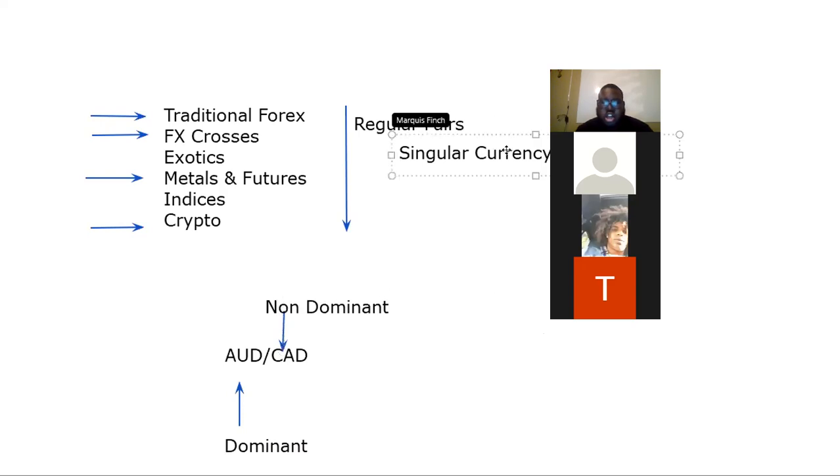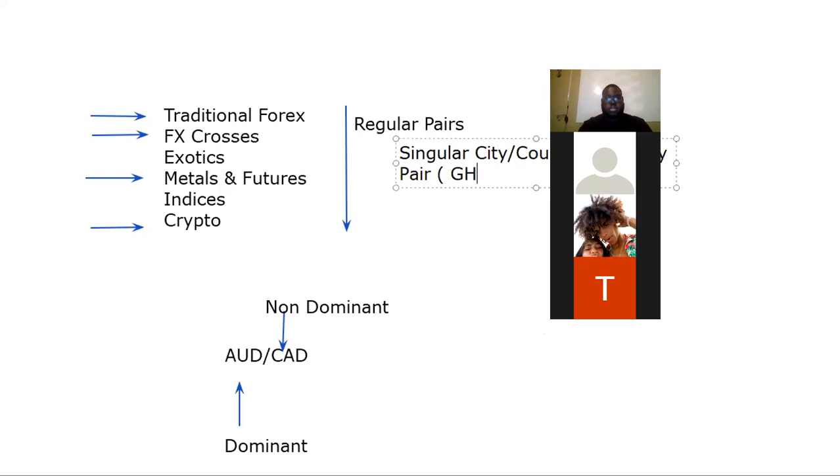So singular currency pairs. So like, I'm gonna put singular city, country. So like Hong Kong peso. I don't know what I was typing. Hong Kong and peso.